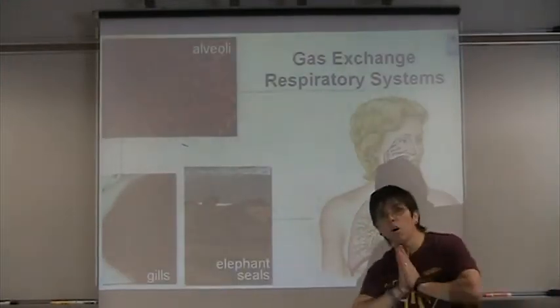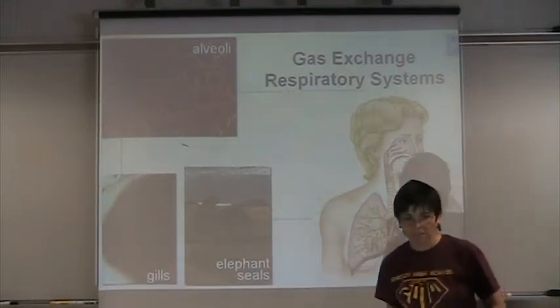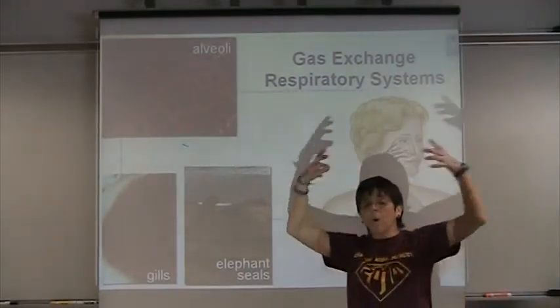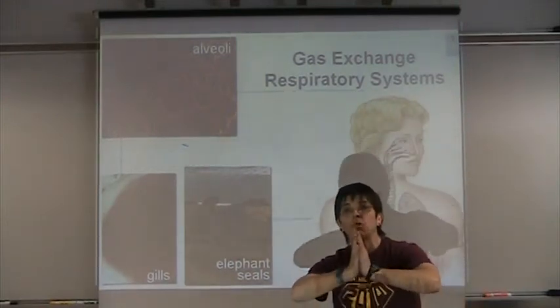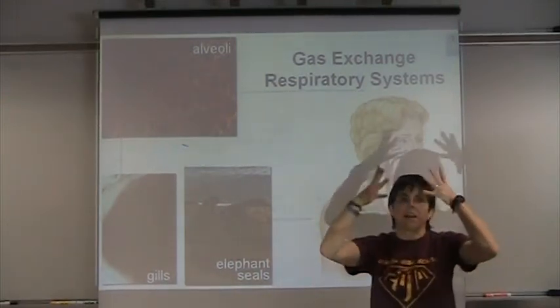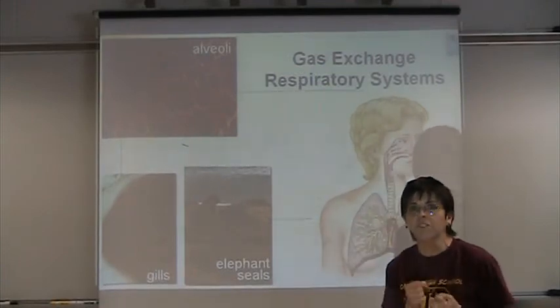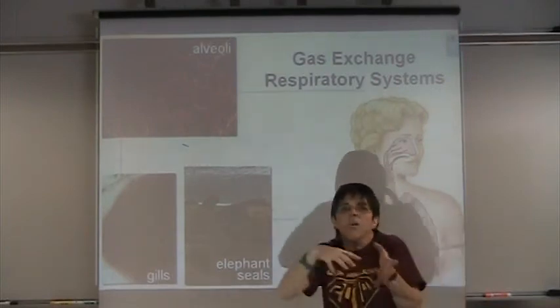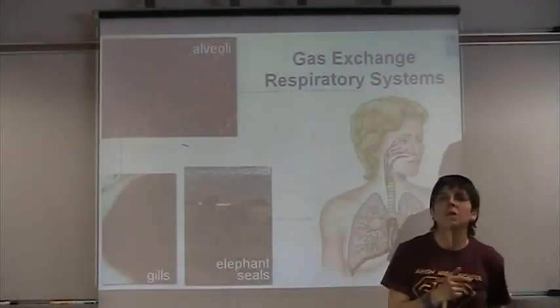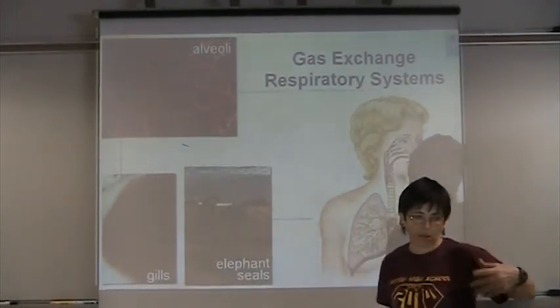So I hope that helps you understand the importance of our circulatory system, why it's important to move, and most importantly, I really need you to understand all the things that are traveling through our circulatory system, and with this interstitial fluid business, how they get out and how to get back into the blood.